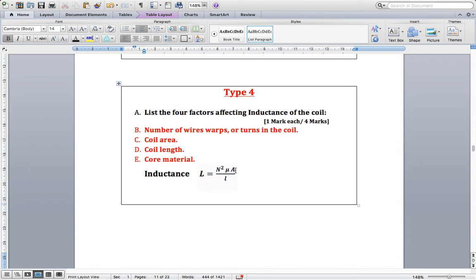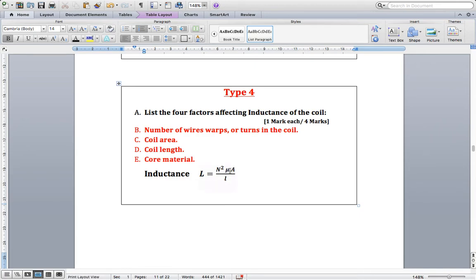A is the area as same, but it's coil area. For capacitance, the A was for plate area, metal plate area, right? Here for inductance, it's coil area, and L is coil length. So the 4 factors which will affect the inductance are: first one N, the number of turns in the coil; second one is mu, which is core material.